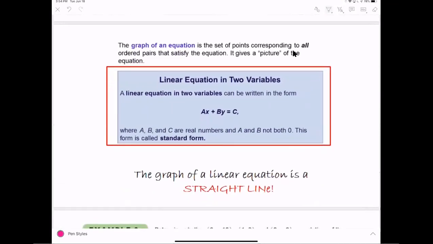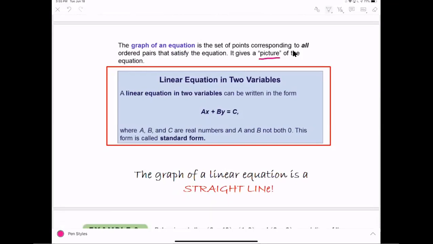So the purpose of a coordinate plane is to allow us to graph an equation. In this lesson, we're just graphing linear equations. We can take a linear equation and actually see what its picture looks like. So it gives us a picture when we plot it on a coordinate plane.